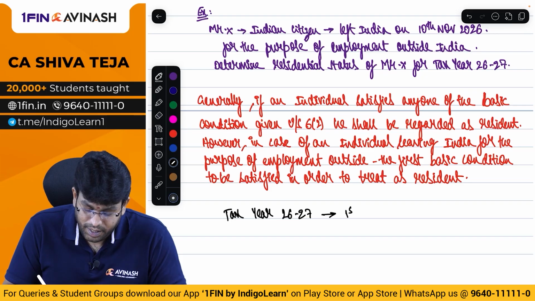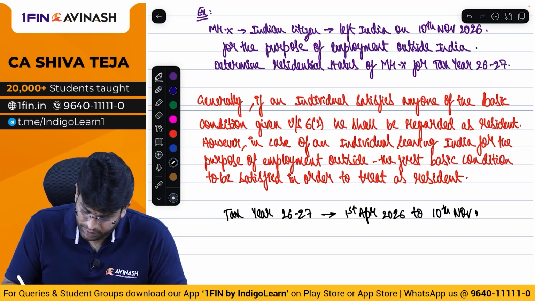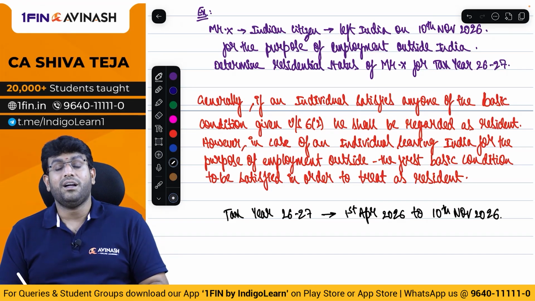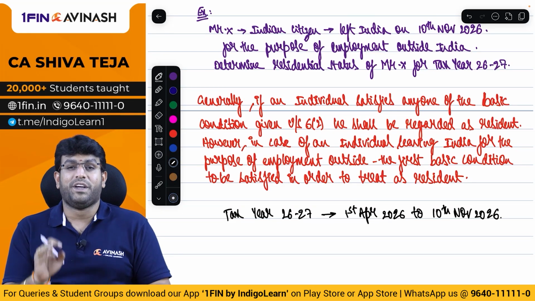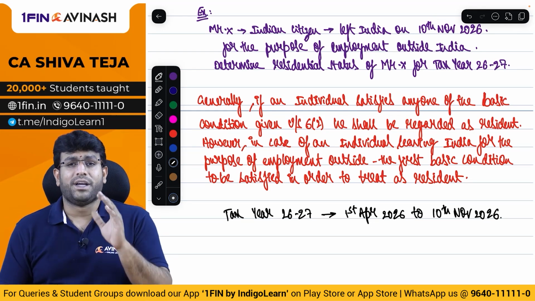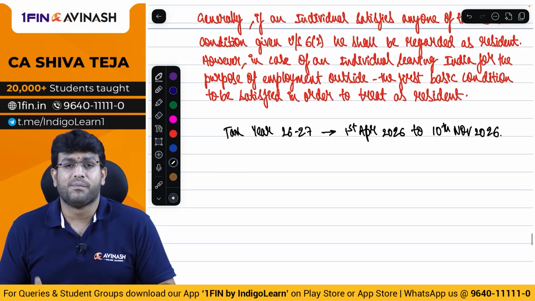In that period, he is in India from 1st April 2026 to 10th November 2026, because that day he left India. And I already told you that the day of coming and the day of leaving are always included. So he's in India from 1st April 2026 to 10th November 2026.